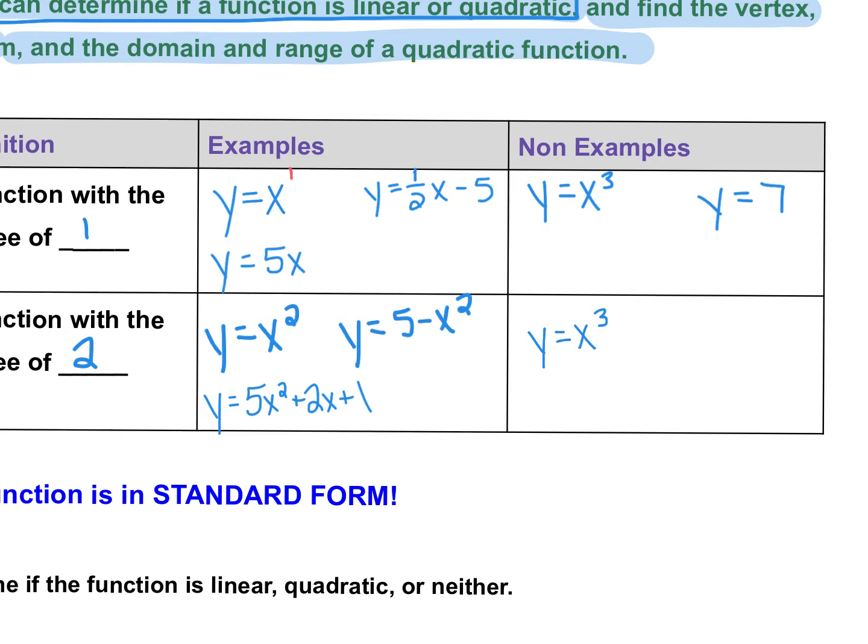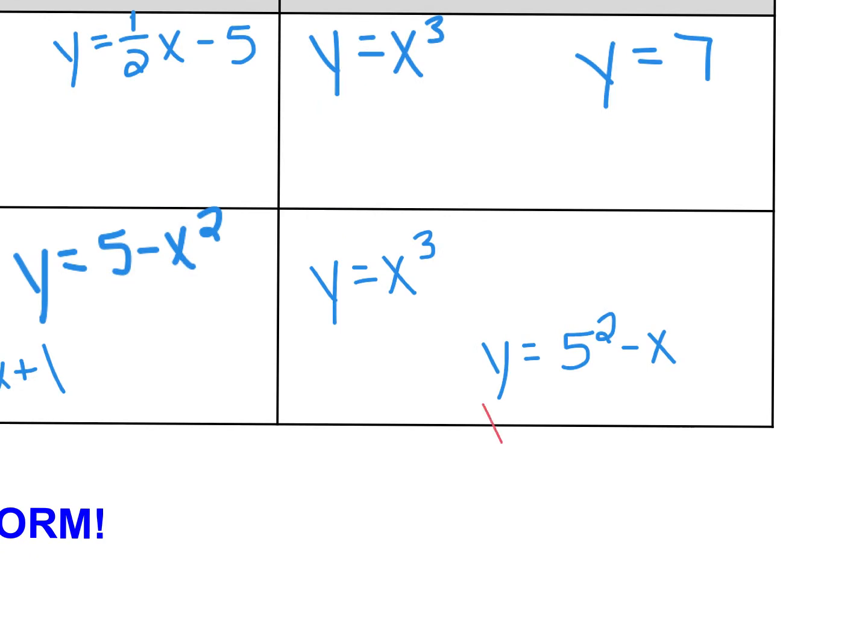So on the second one, if I had y equals 5 to the second minus x, I might think that this is in standard form, or I might think that it's a quadratic because I see a power of 2. However, if I were to rewrite this one, I know it's actually y equals 25 minus x, which if I put it into standard form, would be y equals negative x plus 25.